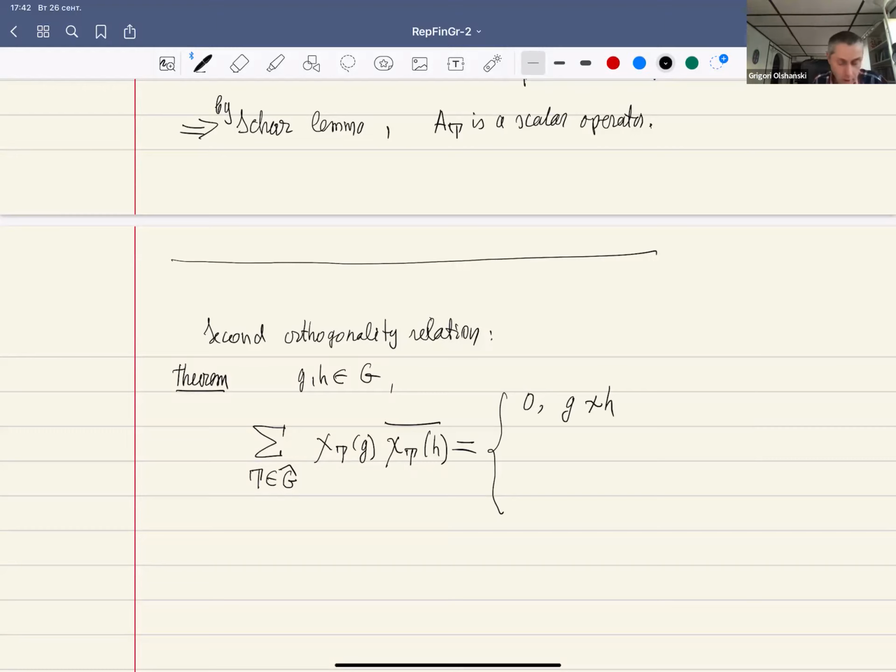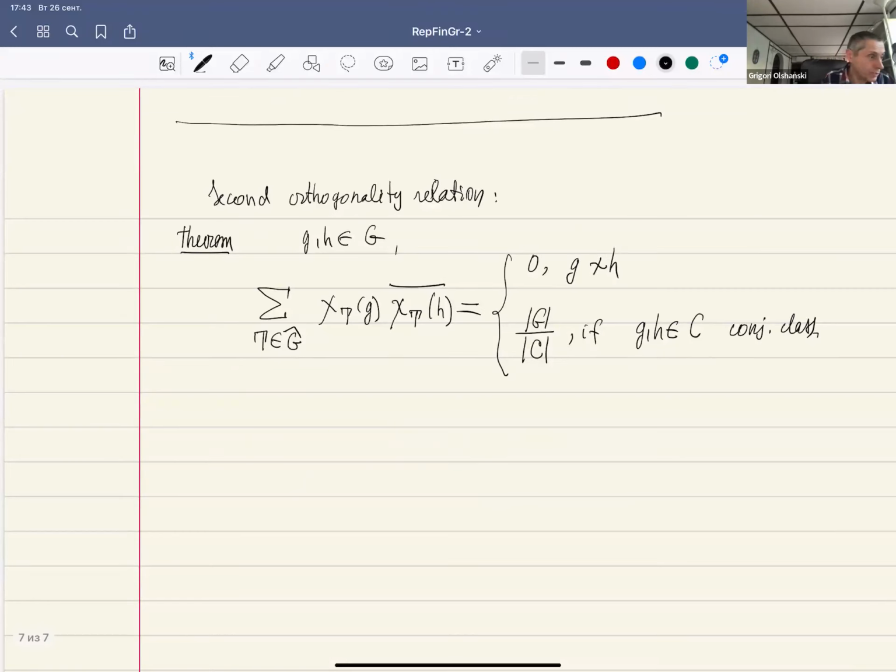And it is equal to the order of the group divided by the order of the class if g and h are in the same conjugacy class. Okay.